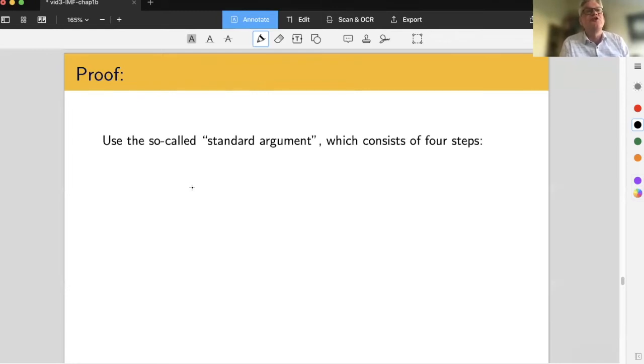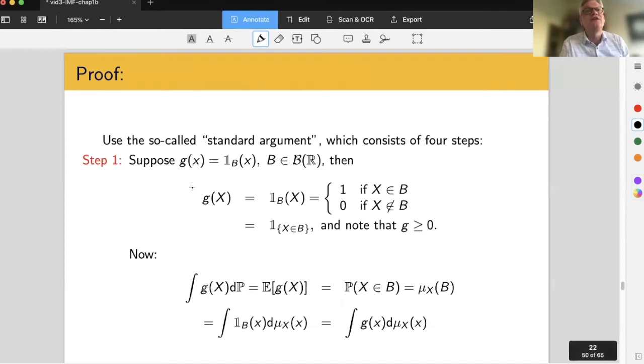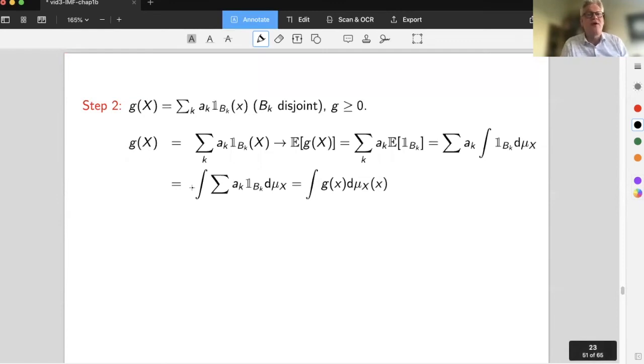First you assume that g is an indicator function, and you prove the result there. After that, you assume that g is a simple function, and then we can use linearity to deduce the same result, because it's a combination of indicator functions, which was already done in step 1.